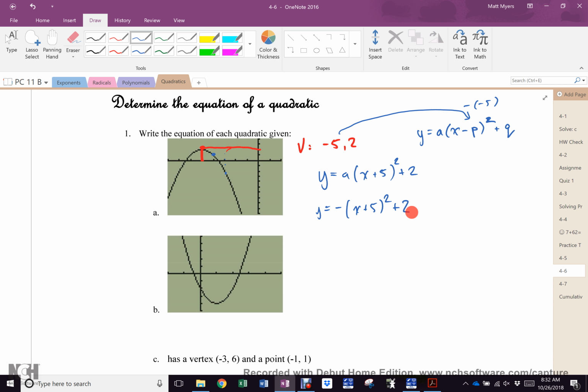Plus 3) squared plus 6. Agreed? Everyone's happy with that, right? How are we going to find a when we can't count? What letter does that negative 1 represent? x. What letter does that 1 represent? y. What do you see right there?